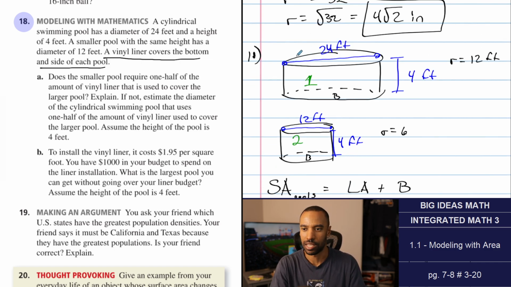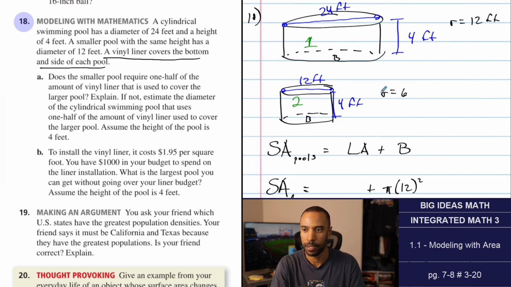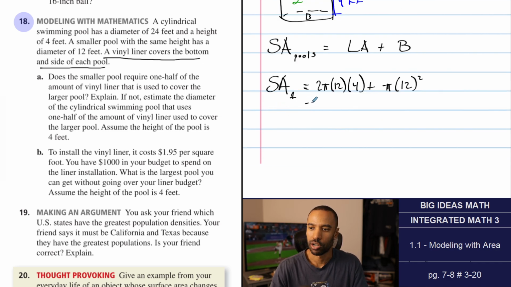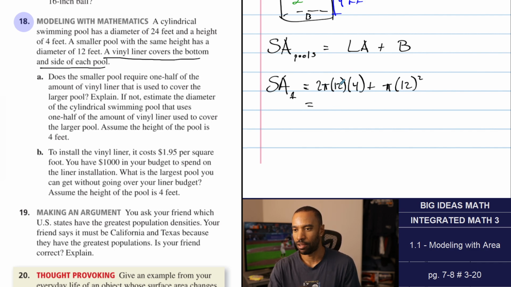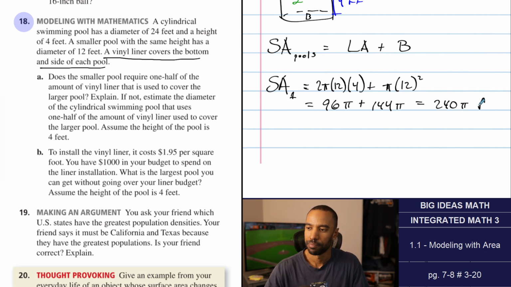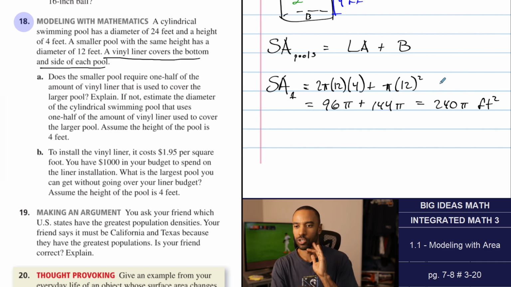Lateral area is the circumference times the height, so that is 2 pi times that radius of 12 times the height of 4. So our surface area in terms of pi, 12 times 4 is 96, 96 pi plus 144 pi, which is 240 pi square feet. That's the surface area of the first one in terms of vinyl.